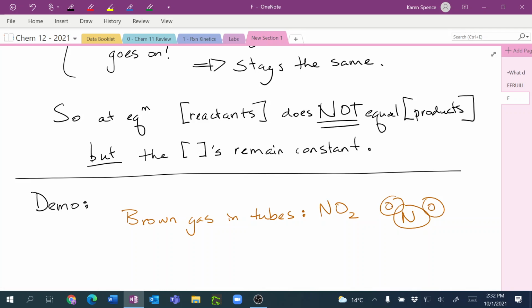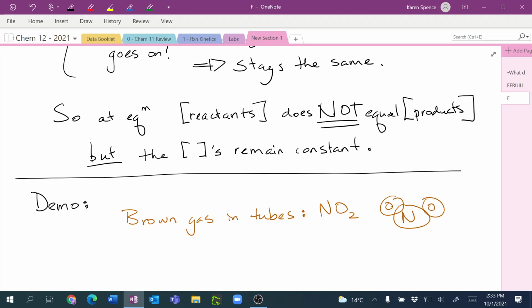And for those of you watching the video, this is going to get pretty boring at this point. There will be videos on this. You can look up the equilibrium later. But anyway, I'm going to turn on the lights so you can see them better. So here are two tubes containing the NO2 brown gas.